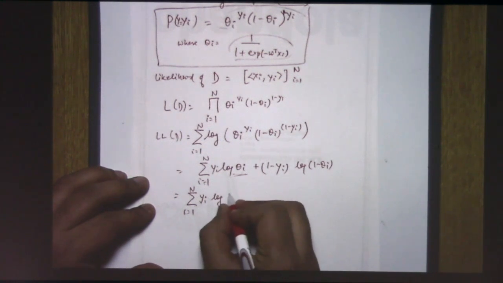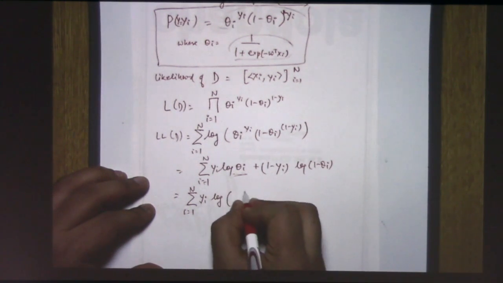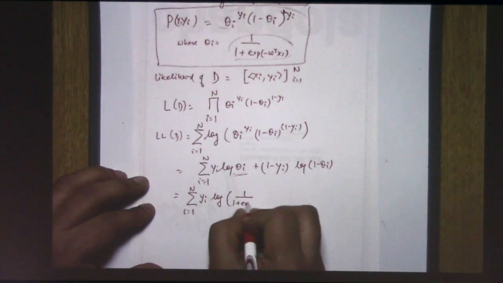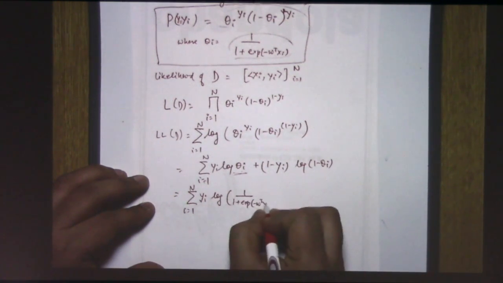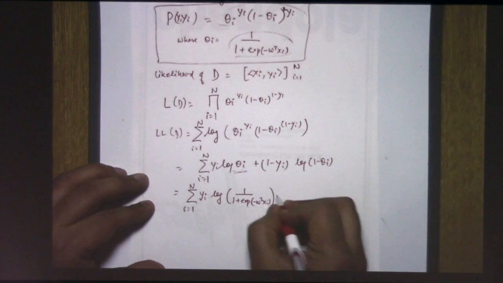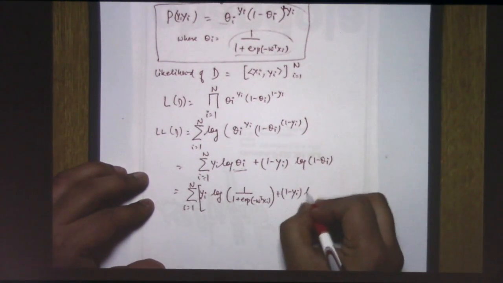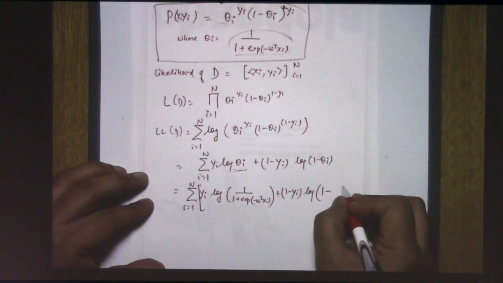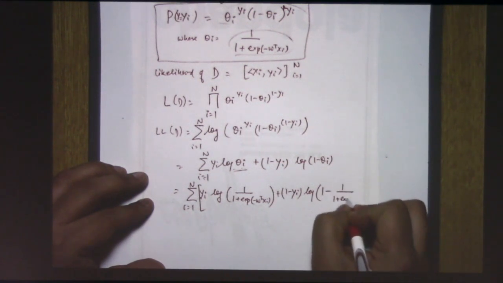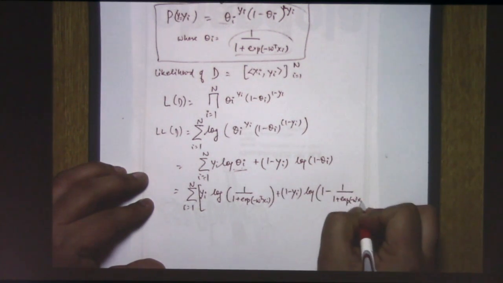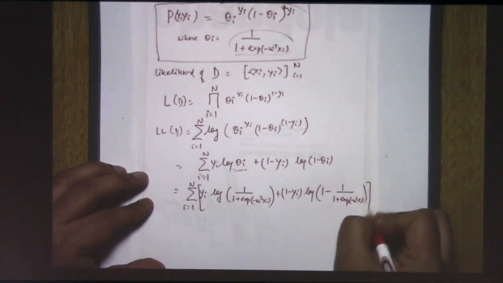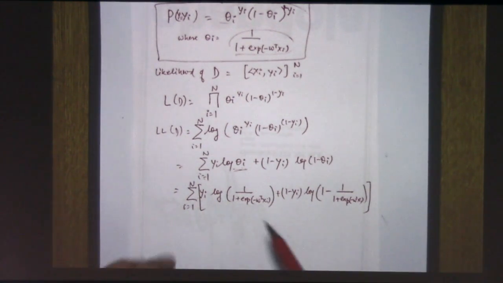So I will say it is 1 over 1 plus exp of minus w transpose xi. So using your training data, you can compute the log likelihood like this.